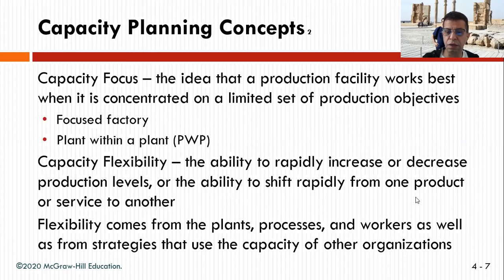And it's from the strategies that use the capacity of others: if you cannot have that flexibility, you always can utilize the capacity of another organization where you outsource some of your work or some of the process of your work.